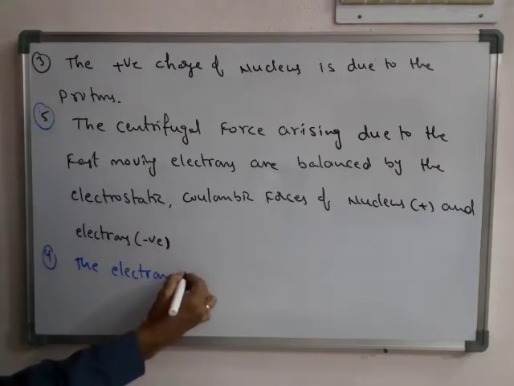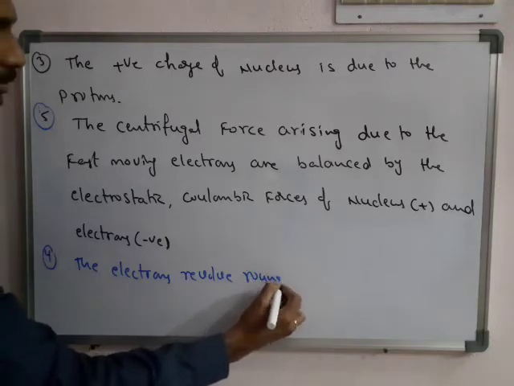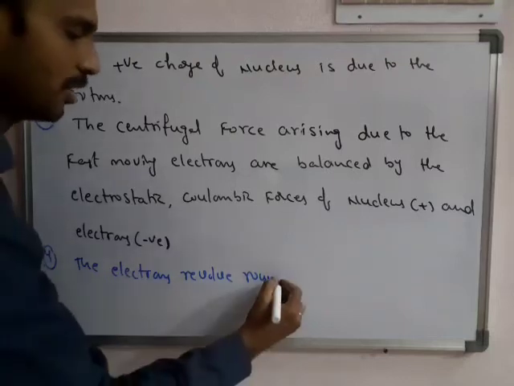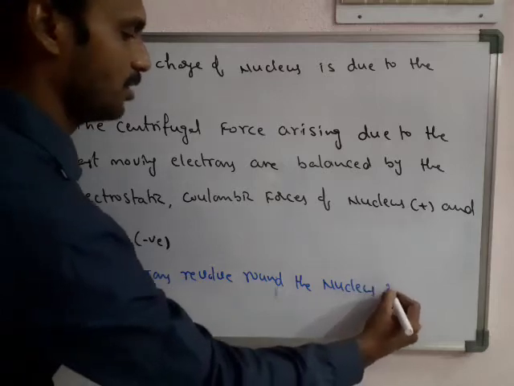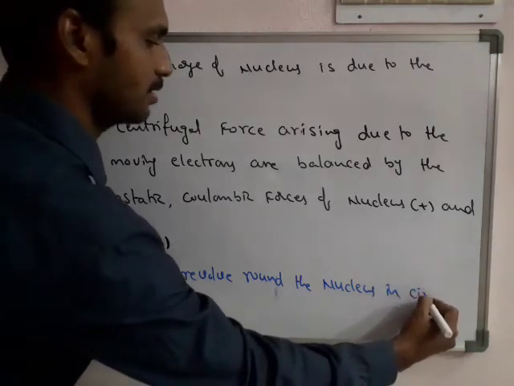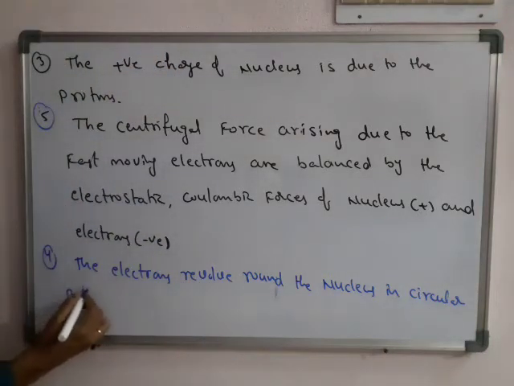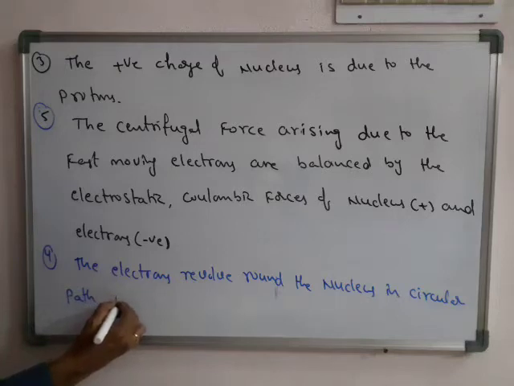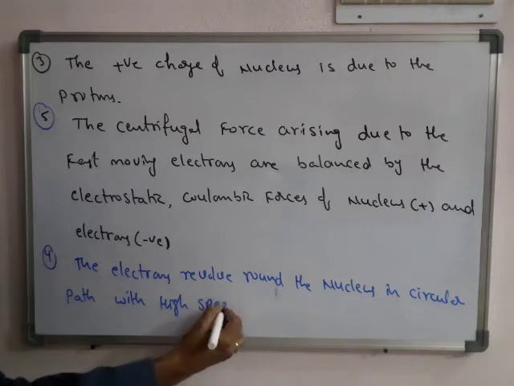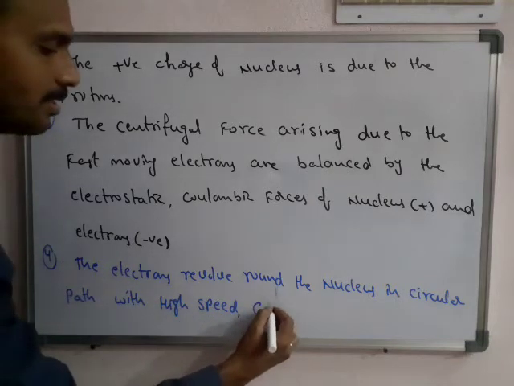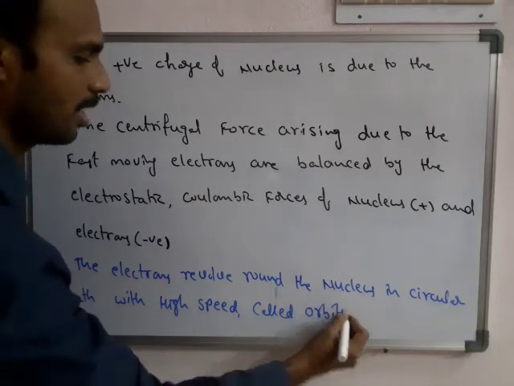The electrons revolve around the nucleus in circular paths with a high speed. Those circular paths are called orbits.